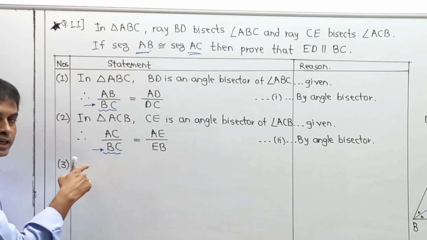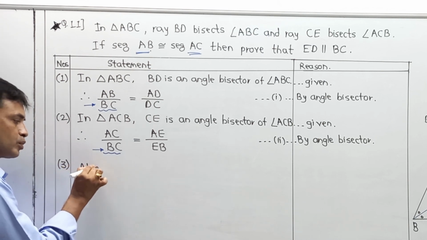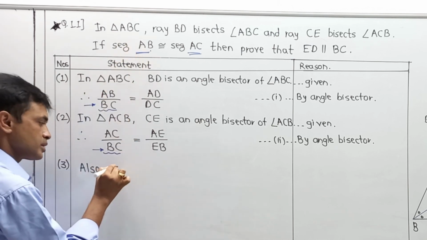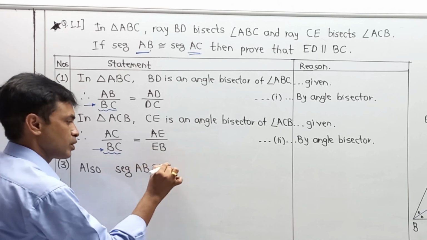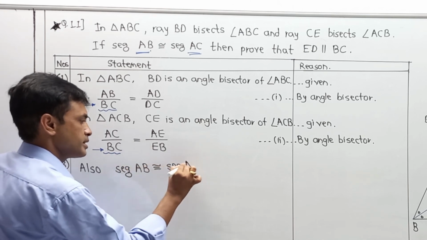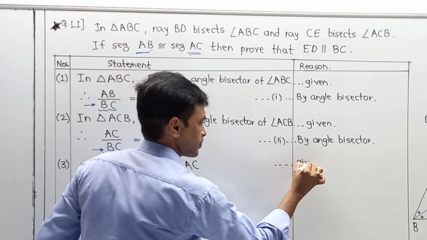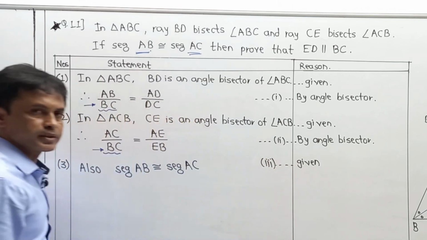How to write it, pay attention student, this is important. Here they have also given AB equal to AC, or segment AB is congruent to segment AC, given, therefore given. If you like, I write it as equation 3, although it is a given.